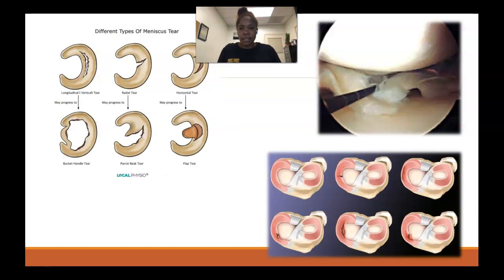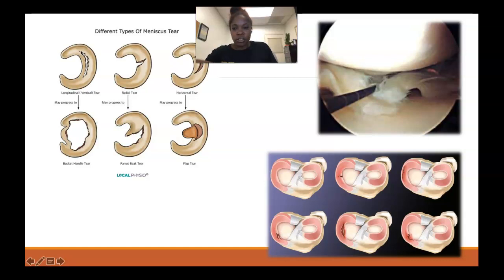So let's take a look at the next slide, because this slide kind of hammers home what we've already been talking about, right, you guys? This idea that you're going to see different types of tears. And so then the question really just becomes, how do we manage that? So what do you do? If you're a surgeon, do you repair this or do you cut it out?